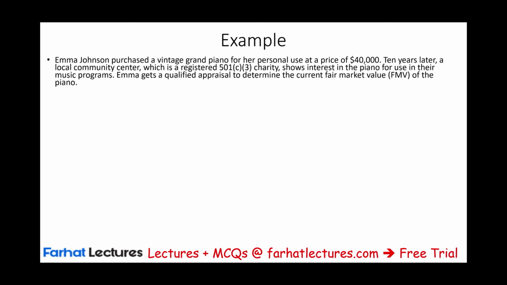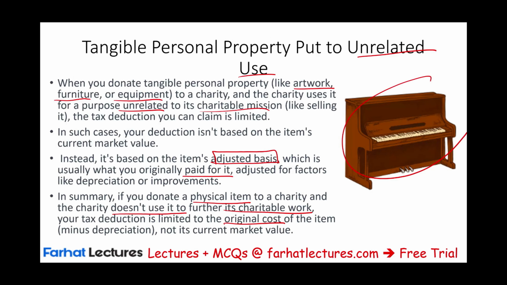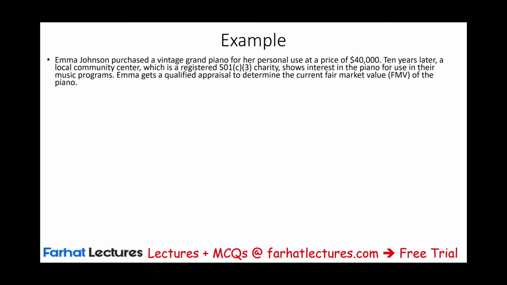Let's assume Emma purchased a vintage grand piano. This is the piano. That's what I was telling you about. For her personal use at a price of $40,000. 10 years later, a local community center, which is registered as a 501(c) charity, shows interest in the piano for use in its music program. So Emma brought an appraiser to tell her the value of this piano.